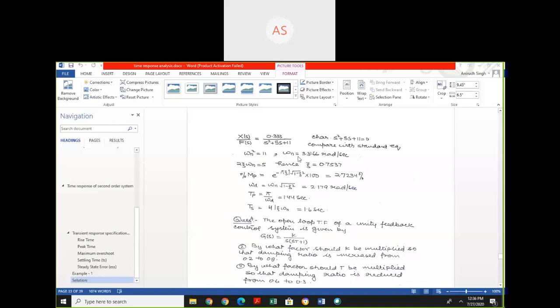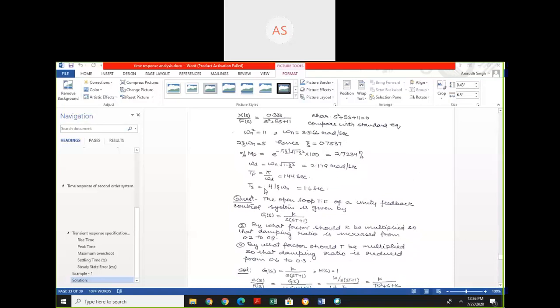It means that omega n is 3.3166 radians per second, and 2 zeta omega n is equal to 5, and hence zeta is equal to 0.7537, and percentage peak overshoot is given by 2.7234%.